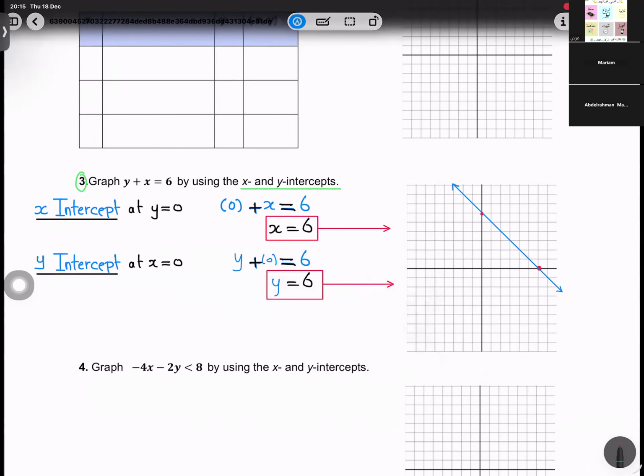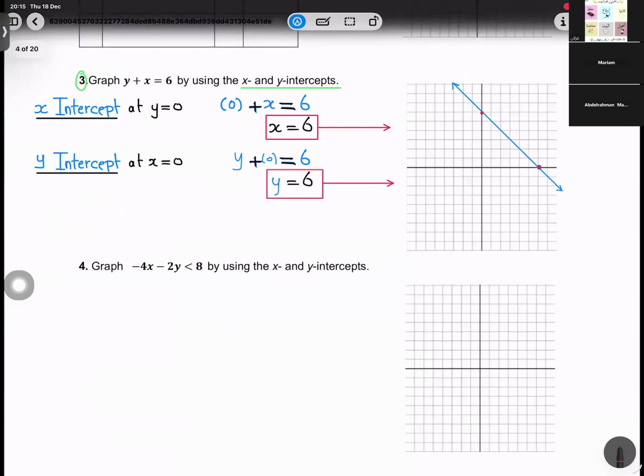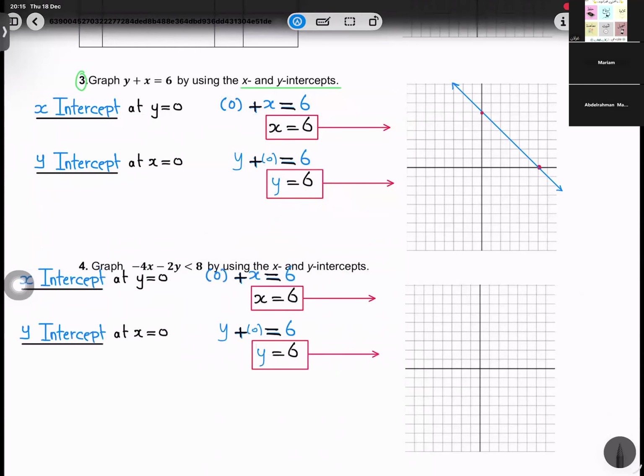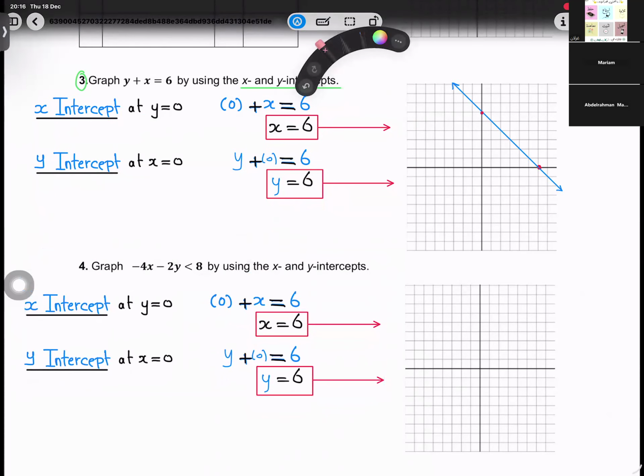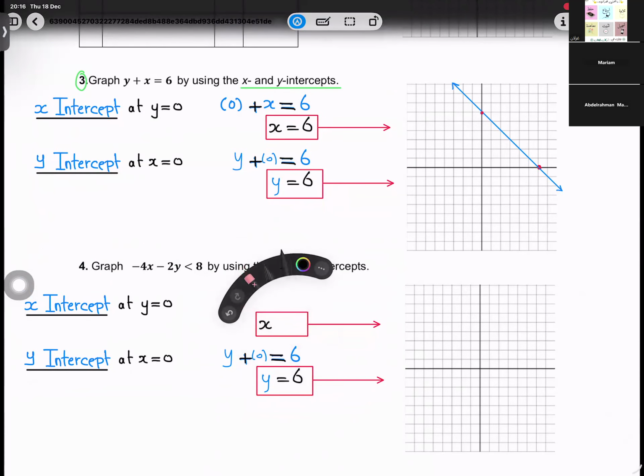Here also will be the same steps. So we need to isolate the y. Actually, we don't even need to isolate the y. The x-intercept will be when y equals 0. So this term will be 0, leaving negative 4x less than 8.